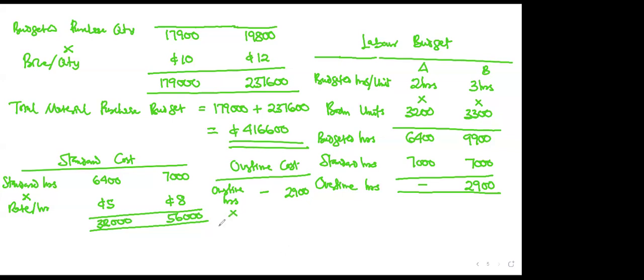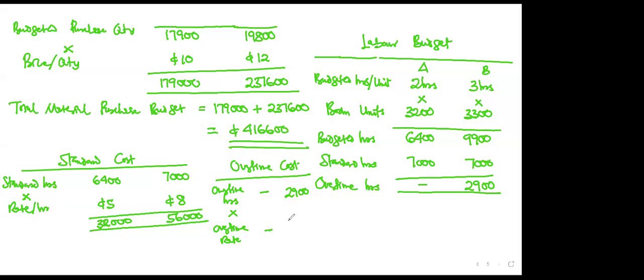Then you also multiply by the overtime rate. There will be a different standard rate and a different overtime rate. Maybe for B, the standard rate is 8 cedis. But when you do overtime, definitely overtime will pay more than the standard. Under normal circumstances, in companies, the overtime pays more than the standard.